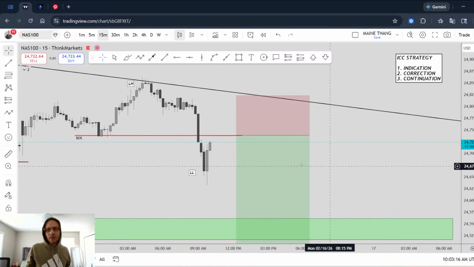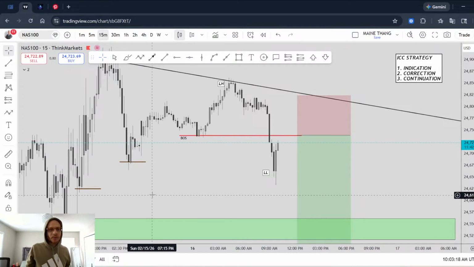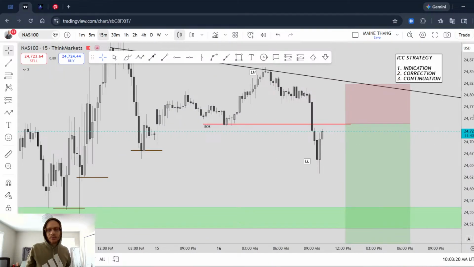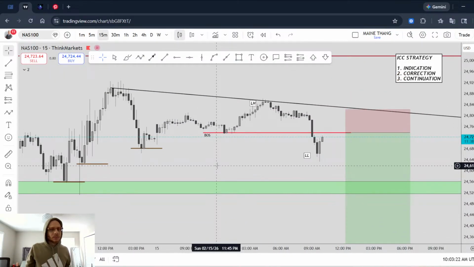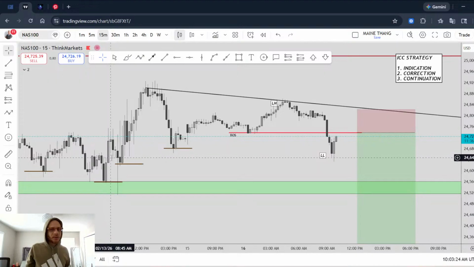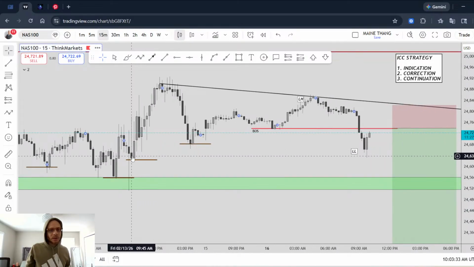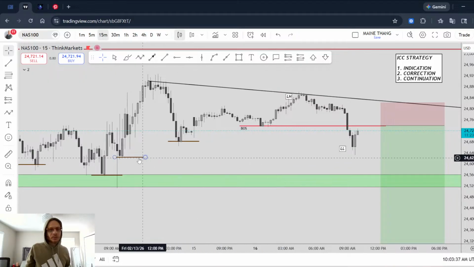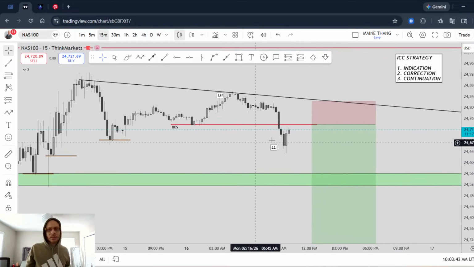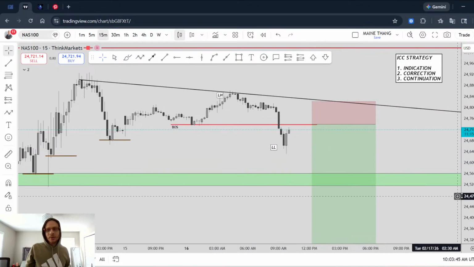That would be perfect. Something like this one over here, minus all the wick action. And this move happened Friday around the same time. Entry was over here, 10 a.m.